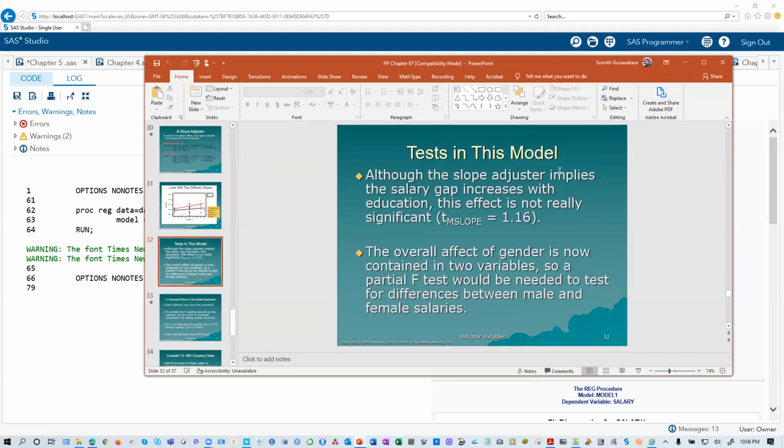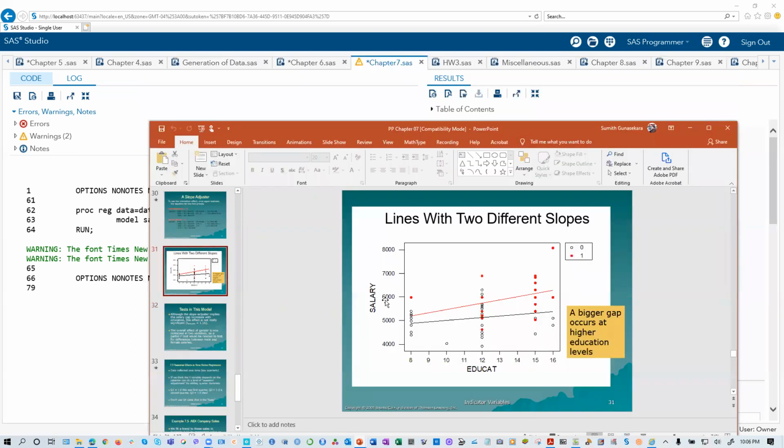Although the slope adjuster implies the salary gap increases with the education, they have the same experience.